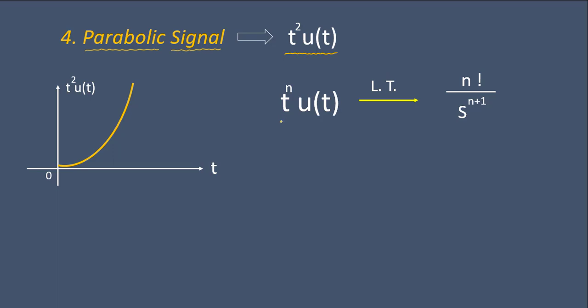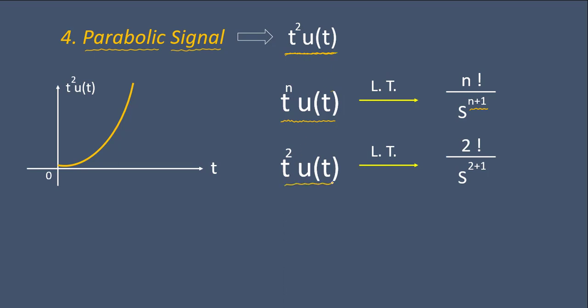The Laplace transform of t raised to n u of t is n factorial upon s raised to n plus 1. Since we have the Laplace transform of t raised to n u of t, we can now easily find the Laplace transform of the parabolic signal t square u of t.